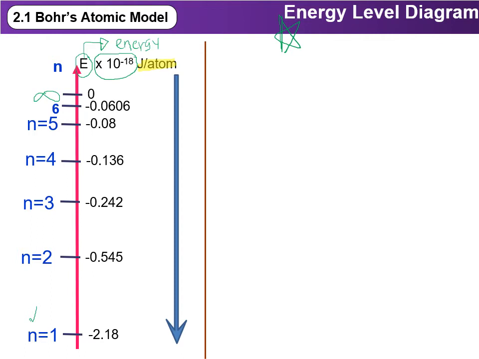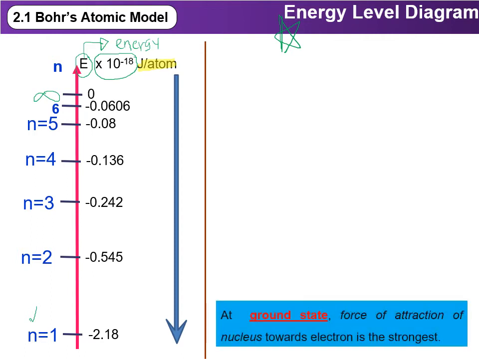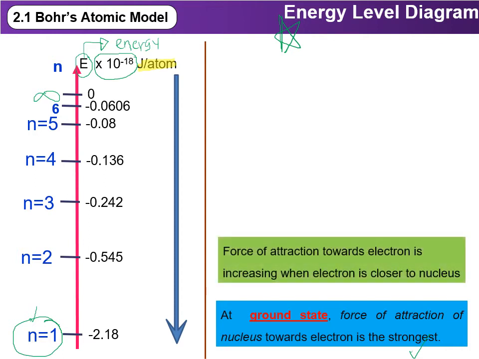So let's go through here. At the ground state, if you still remember, n equal to 1 refers to the ground state. The force of attraction of the nucleus towards the electron is the strongest, and I believe all of you agree, because they are close to the nucleus, and in the nucleus there are protons.